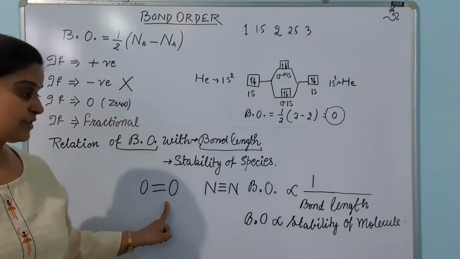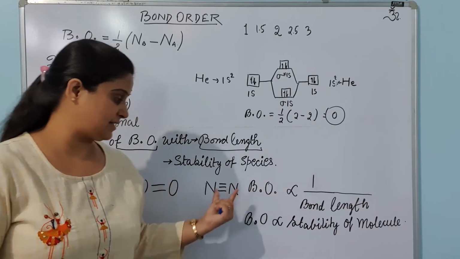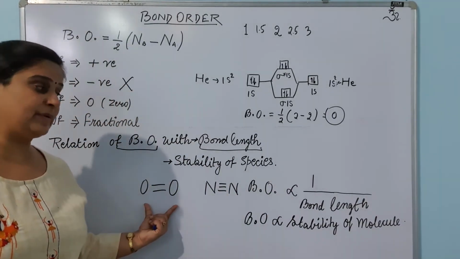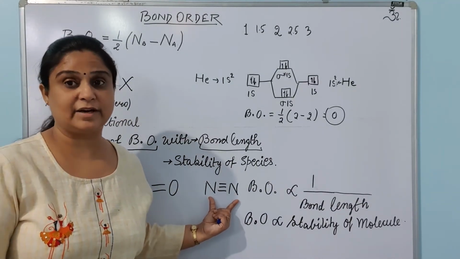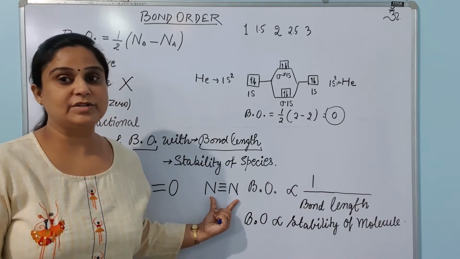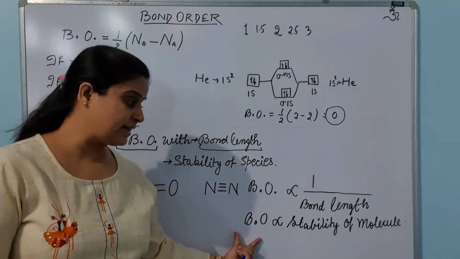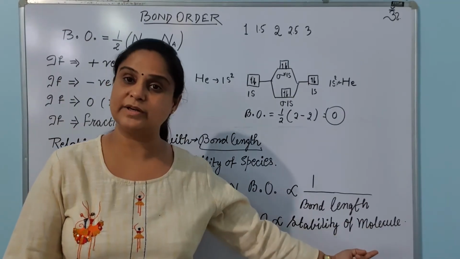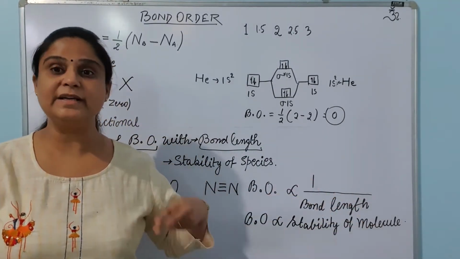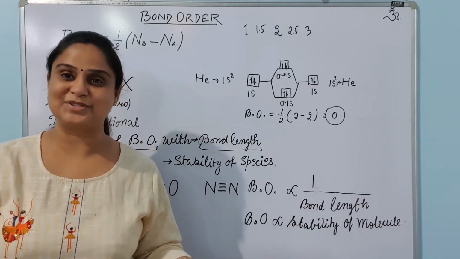So out of these 2 species, we can predict about the bond length. This one's bond length will be lesser, this one's bond length will be more. If bond length is lesser, they are closer. If they are closer, it is not easy to break that bond. That is why bond order is directly proportional to the stability of the molecule, because stability and bond length are inversely proportional to each other.